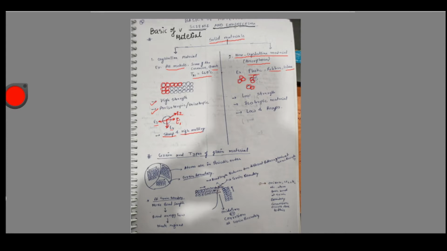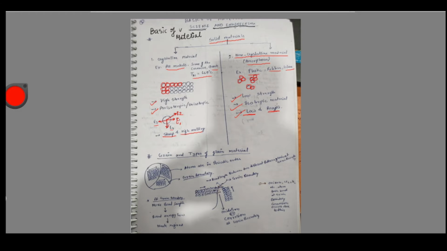Atoms or particles are randomly oriented, and due to the random orientation of particles or atoms, it has low strength and is isotropic in nature. Means at a particular point, in all directions the material property will be the same, so it is an isotropic material. Important. And the melting point temperature is low due to the arrangement, and it ranges within a range.